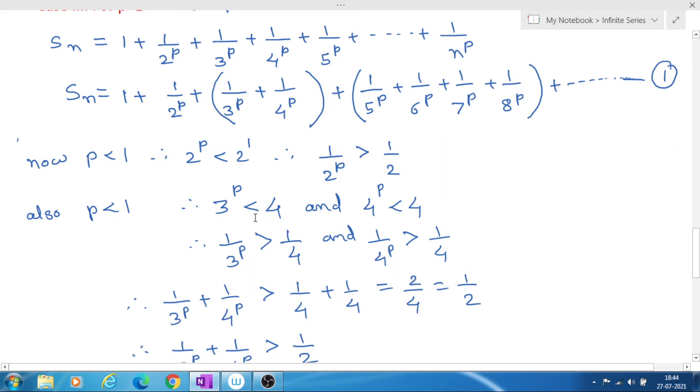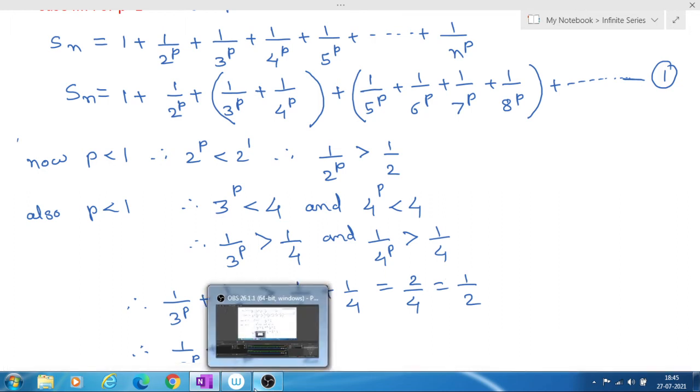Therefore 3 raised to p is less than 4, and similarly 4 raised to p is also less than 4 raised to 1. Therefore if we take inverse, then 1 upon 3 raised to p is greater than 1 upon 4, and 1 upon 4 raised to p is greater than 1 upon 4.